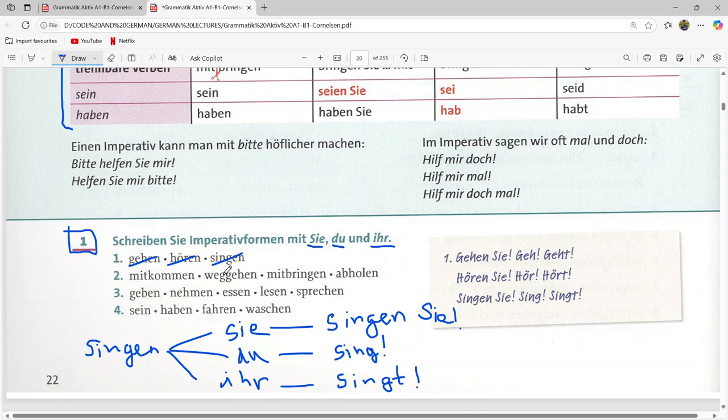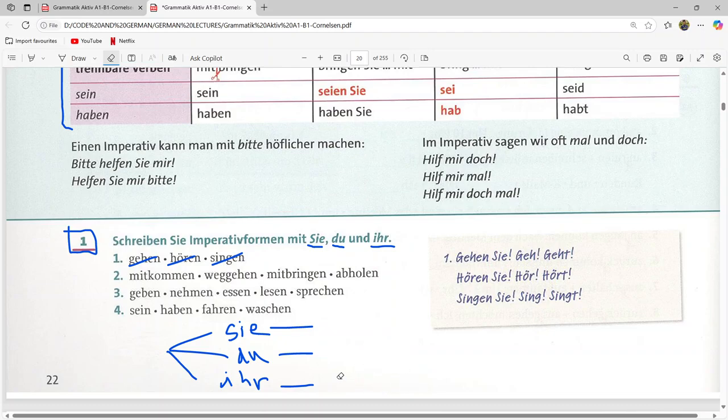Done. So next verb is mitkommen. Mitkommen is a trennbares verb. So a trennbares verb we have to break down into two pieces, right? So the verb is mitkommen.